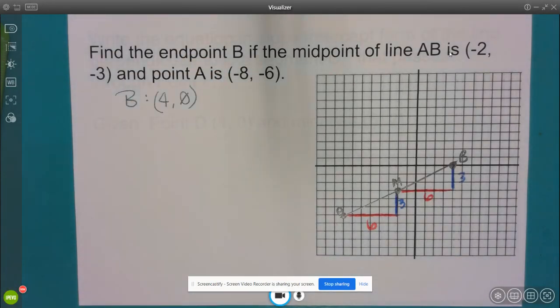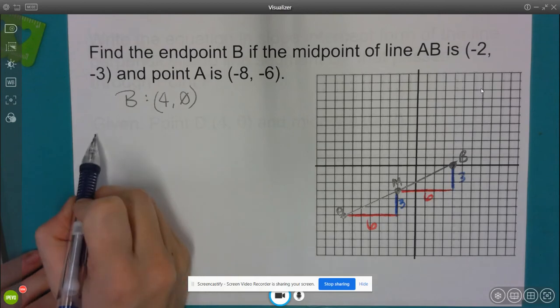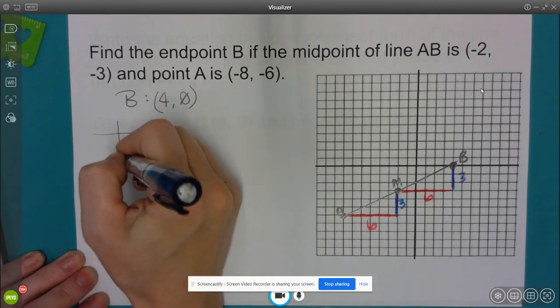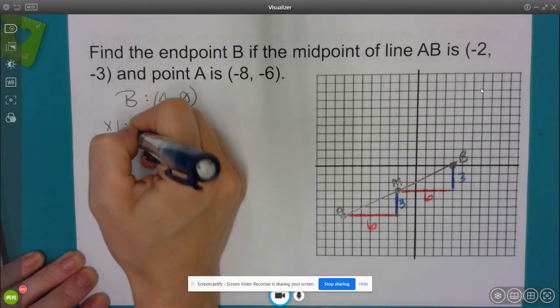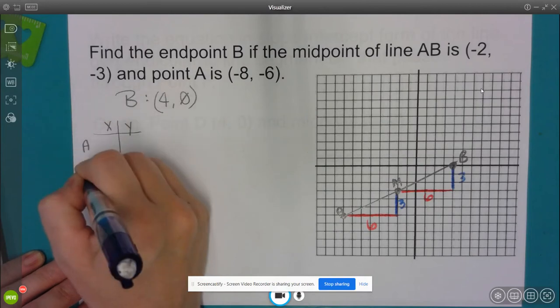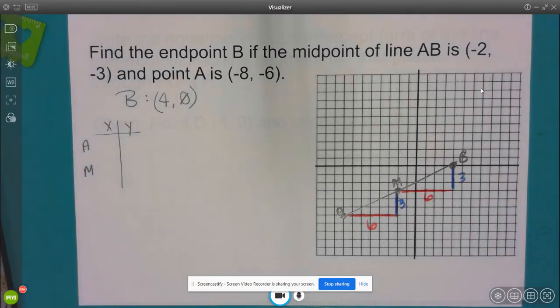So I'm going to do the table and the formula to prove to you again that my B value is at 4, 0, and that I can do any of these methods to find my midpoint or my endpoint if I've been given a midpoint. All right, so going to the table, I'm going to put in my X and Y values, and I'm going to do A and my midpoint.